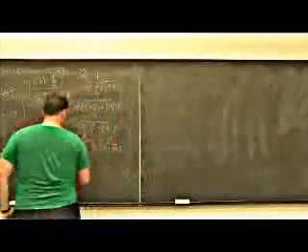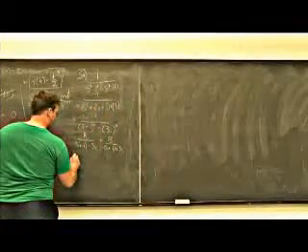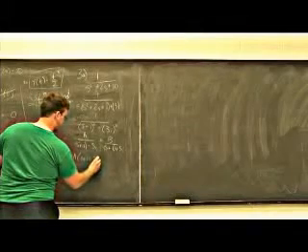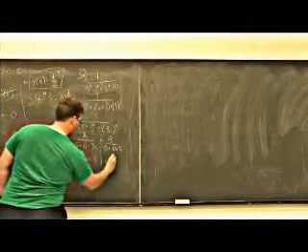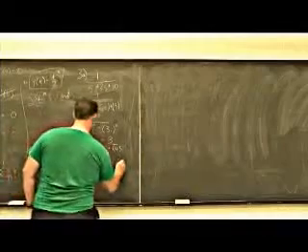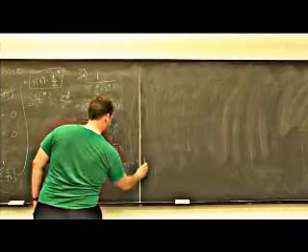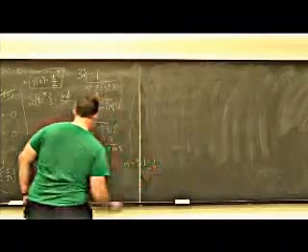So what we get is a times s plus 1 plus 3i plus b times s plus 1 minus 3i is equal to 1.